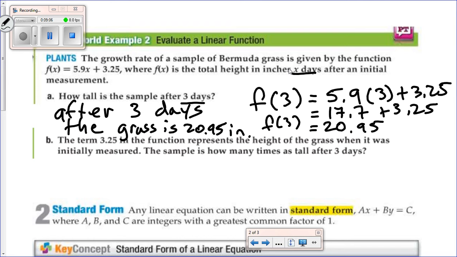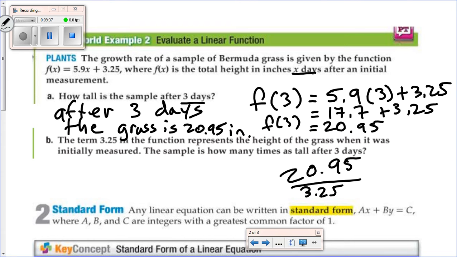The term 3.25 inches in the function represents the height of the grass when it was initially measured. The sample is how many times as tall after 3 days? So we want to see how much taller it is. We want to take our measurement of 20.95 and divide it by the initial height, 3.25.